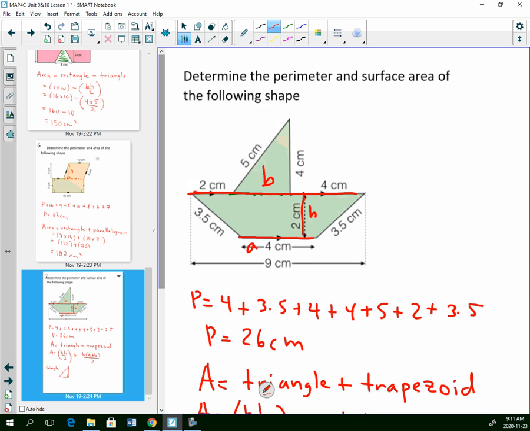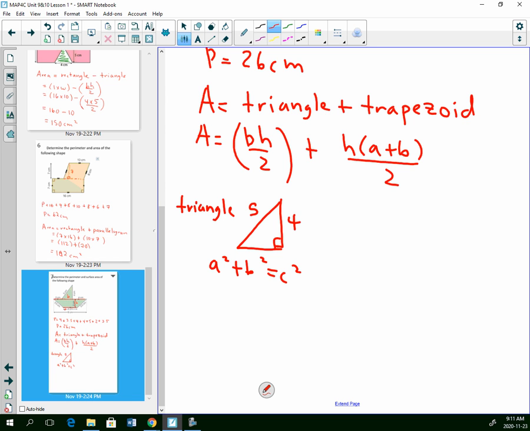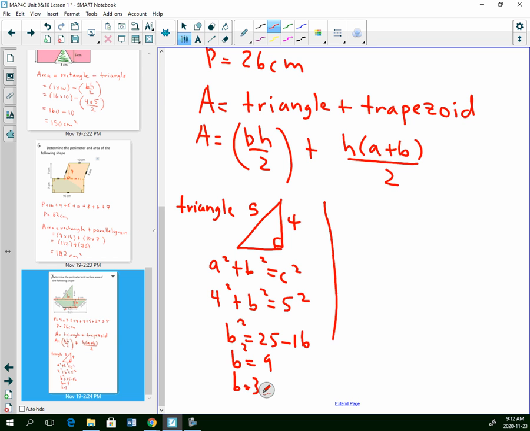So I would have to use the Pythagorean theorem to find a missing side in a triangle. a squared plus b squared equals c squared. We know this is 5 and this is 4. So the base of the triangle is 3. Sometimes you have to use that calculation for the triangle.